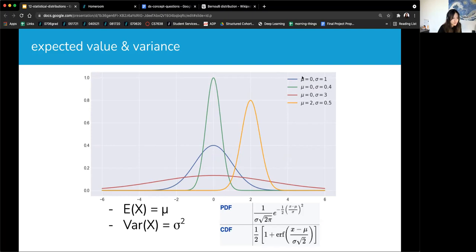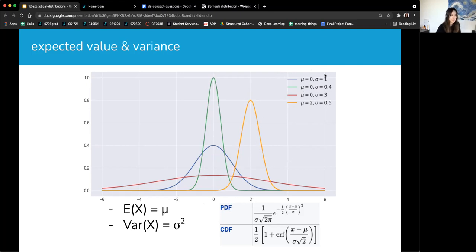You can see here this symbol, which is called mu. So the mu for blue, green, and red are all 0. That means they're centered at 0, so 0 is their mean, their median, their mode. For the yellow one, the mean is 2, so you can see that the peak is actually at 2 instead of 0.